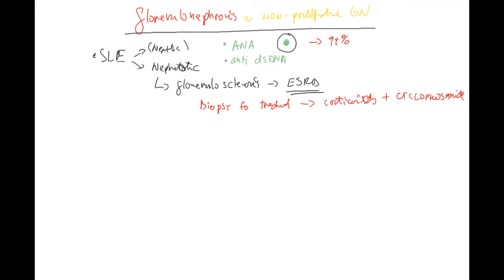Okay, and really you can have really nice versions of this, not dangerous ones, and some really can do the RPGN as well. Okay, so in nephritic RPGN, so crescentic glomerulonephritis. Okay, so that's SLE, that's a special one. But then all of the other ones are really rather nephrotic problems.